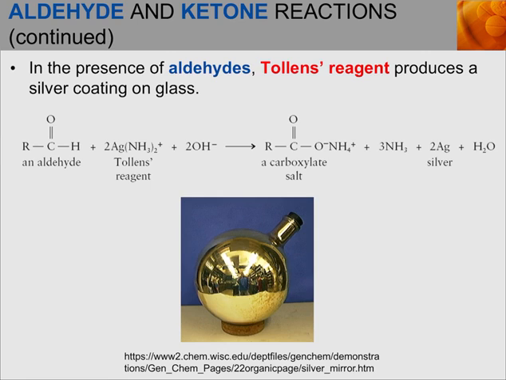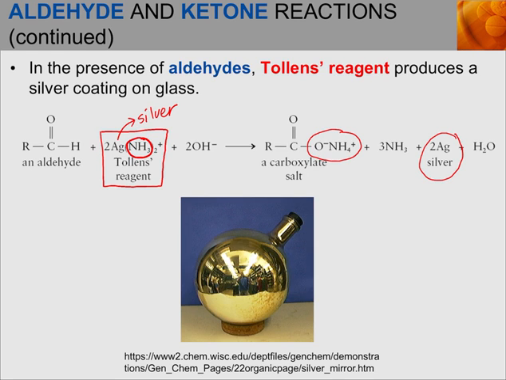Now we can also use Tollens' reagent to test for aldehydes. So Tollens' reagent is shown in this equation here. So there's two silver atoms, and each silver atom is bonded to two ammonia molecules. And basically what happens here is the ammonia molecule is going to attach to the oxidized aldehyde, and that is going to leave the silver atoms behind.